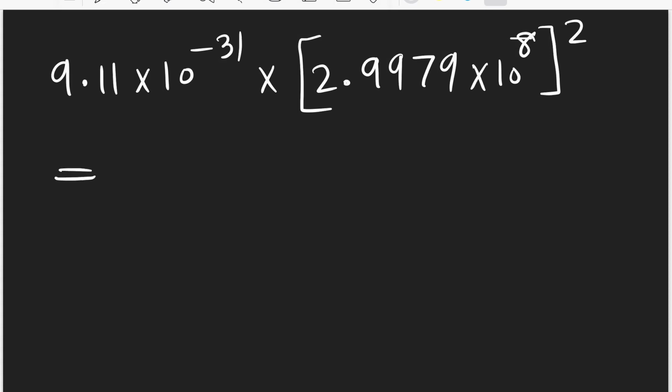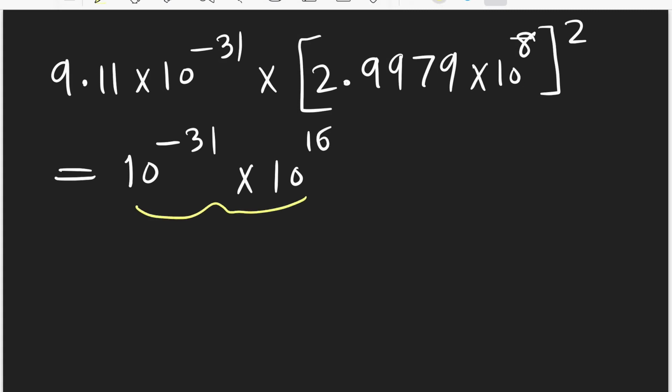Let me first simplify the powers of 10. So I have 10 to the power of minus 31. Then I have 10 to the power of 8 to the power of 2, which is 10 to the power of 16.